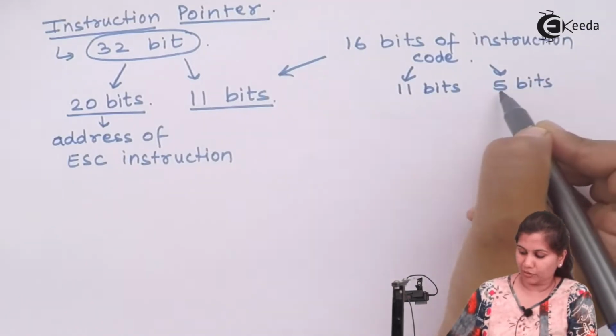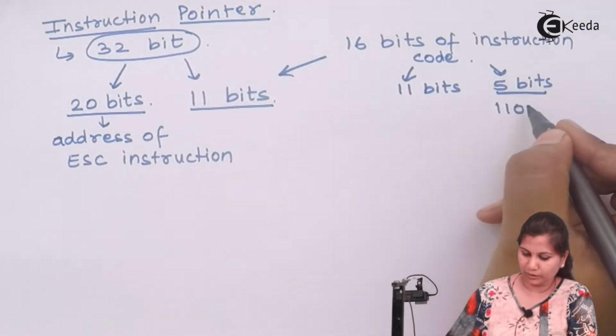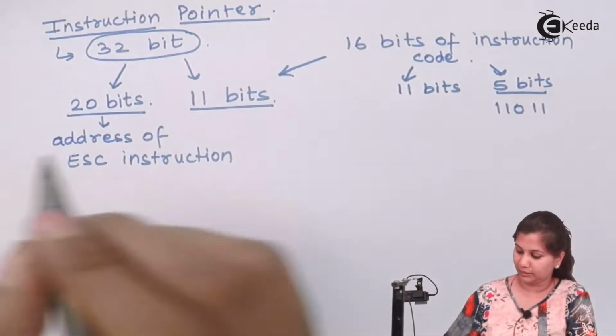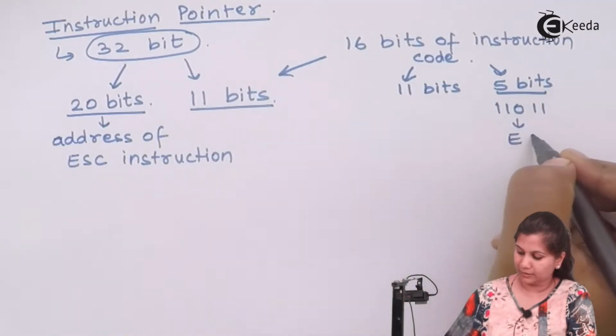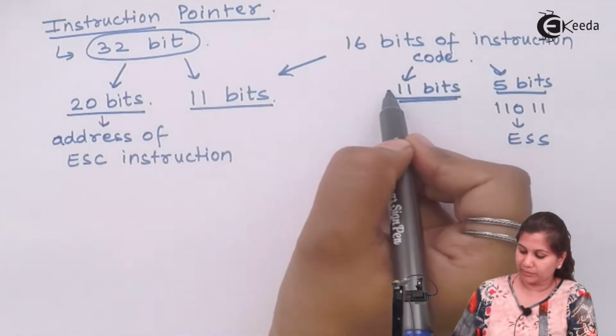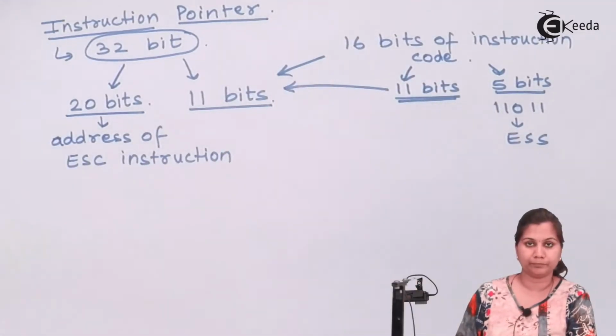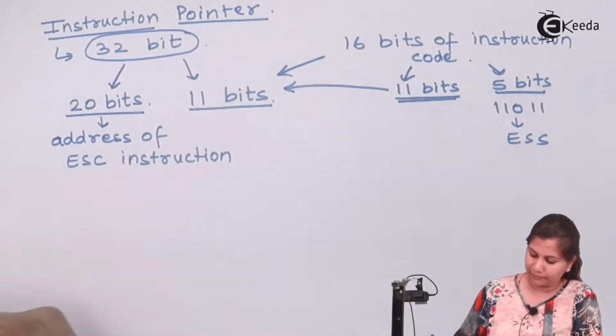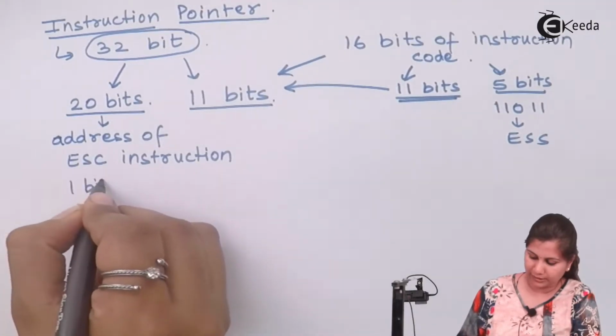The 5 bits are always 11011 for the ESC, and the remaining are the 11 bits. So those 11 bits are used here. And 1 bit is always 0.